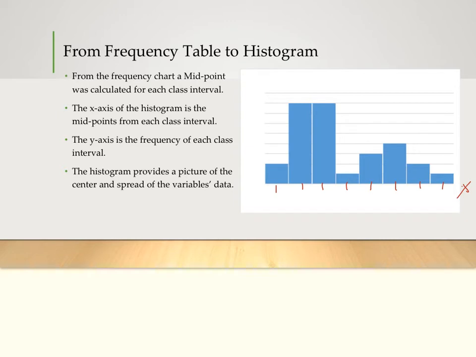So my midpoint here is 18.5, the next one is 21.5, the next one is 24.5, and it goes on up to the very end, which is 39.5. Make sure that your scales and your axes are labeled.